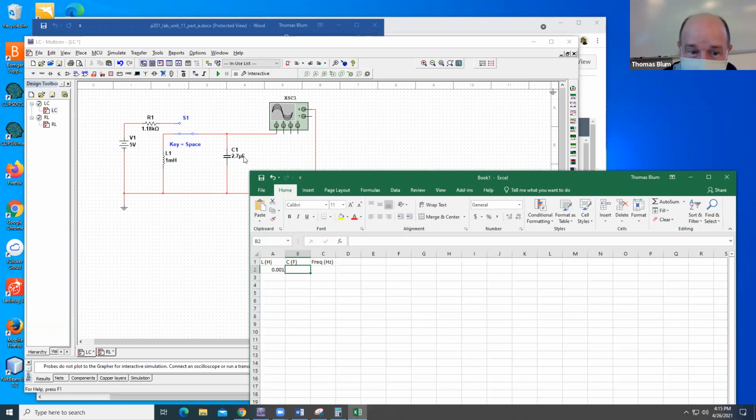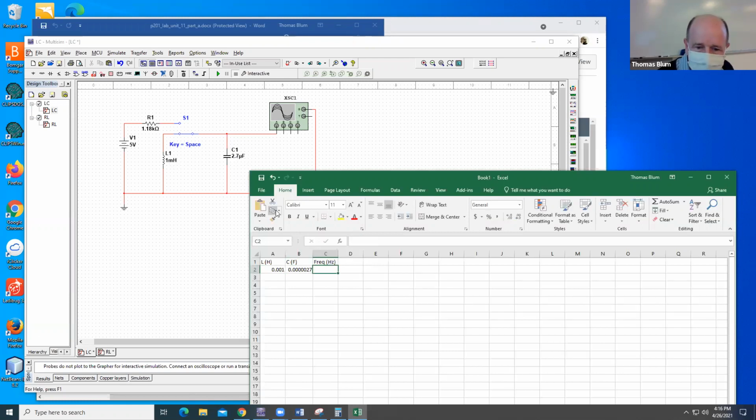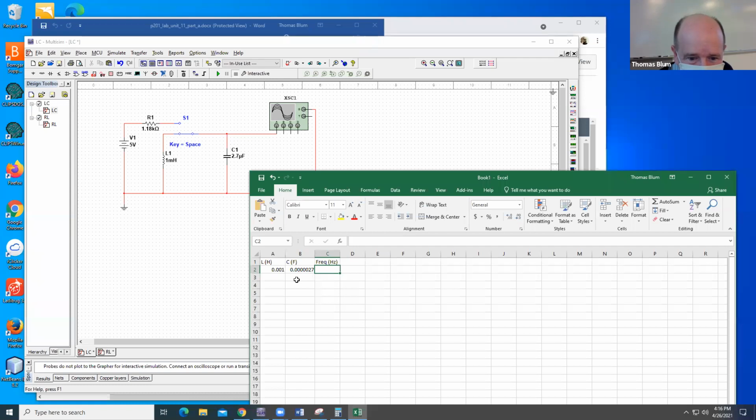This was 3 places, this is 6. So 0.000002 and then 7, with 1, 2, 3, 4, 5 zeros, and then 2, 7. Okay, so that is micro. You could also say 2.7 E, that's how computers do scientific notation. It's times 10 to the minus 6.